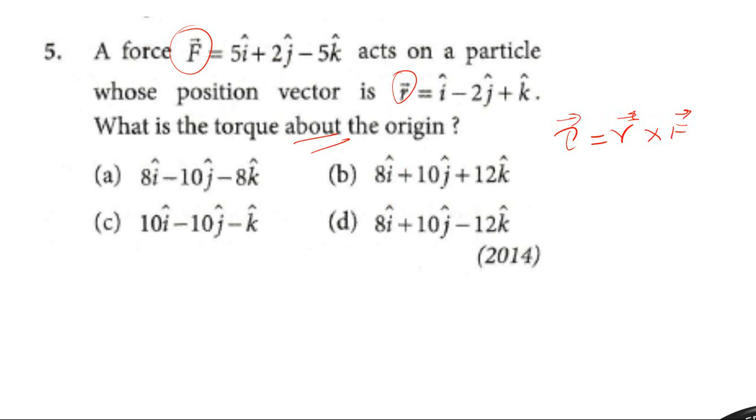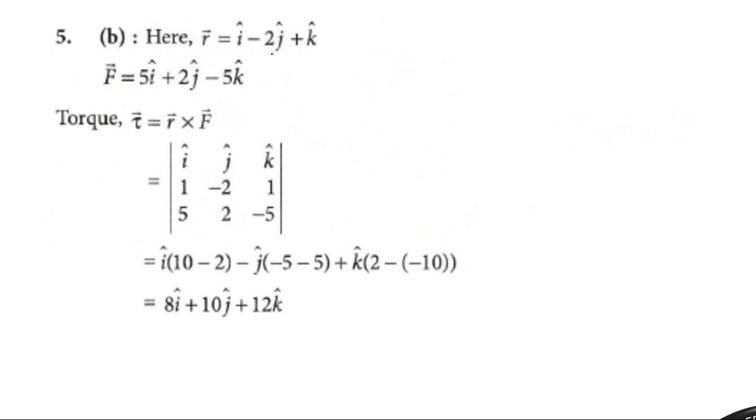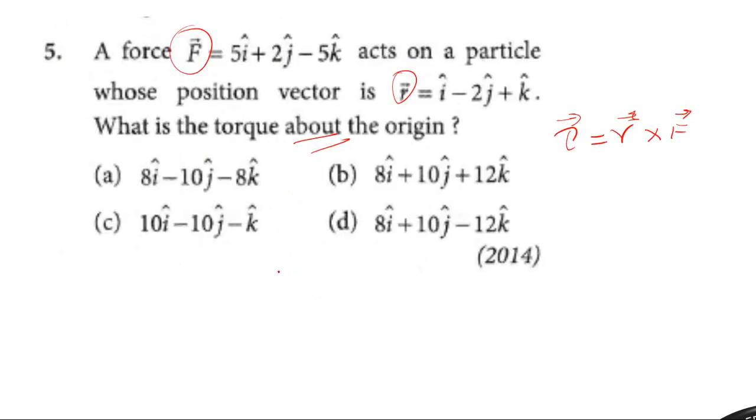Straight away it's almost a problem on vectors. R is given, F is given, R cross F is the determinant. You expand the determinant, you get the answer. So you pause and calculate yourself.